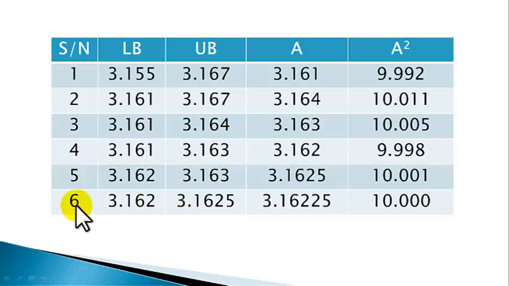Then finally, in step 6, 3.162 plus 3.1625 divided by 2 will give 3.16225. When you square this, what you have will be 10.000 to 3 decimal places. So we stop and then conclude that the square root of 10 is approximately equal to 3.16225.